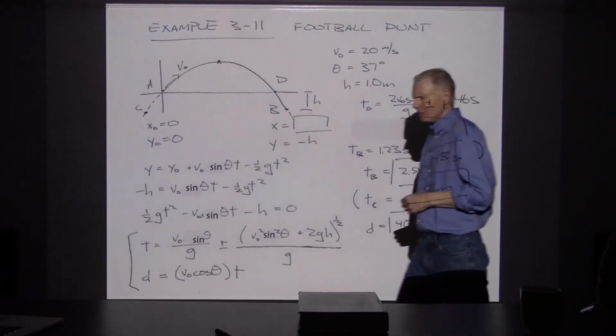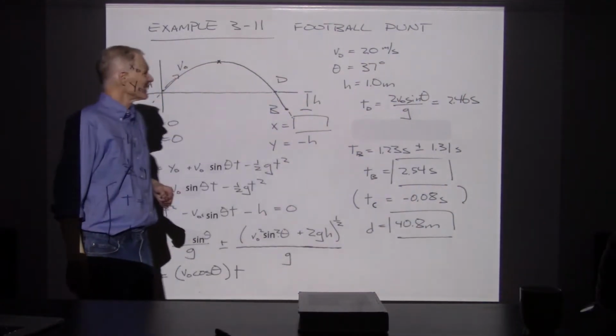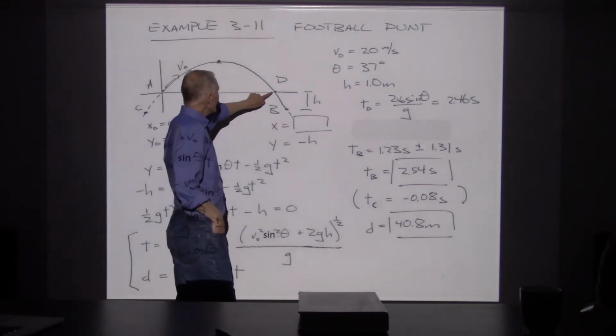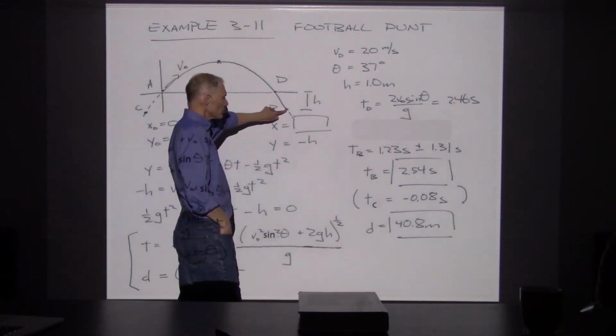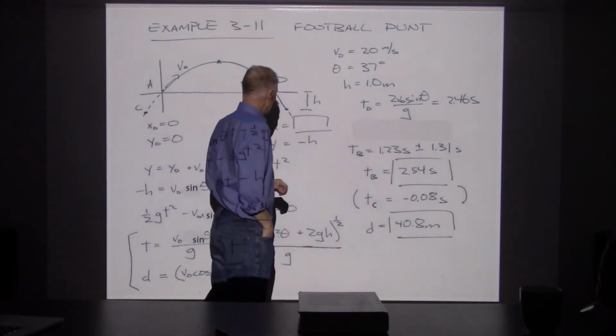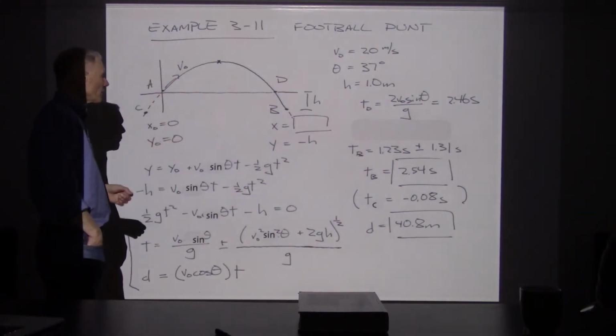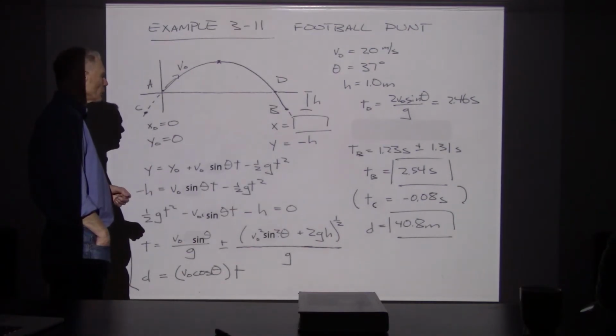It's not even a tenth of a second. It's like 8/100ths of a second difference to travel this additional short distance right here. So, yeah, there's the additional 0.08 seconds.